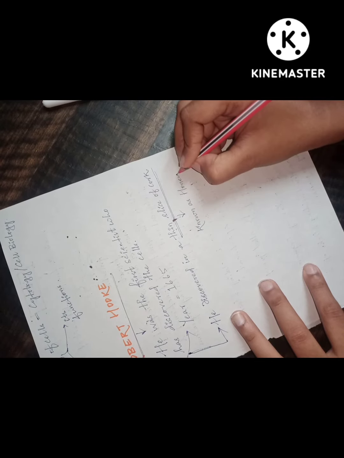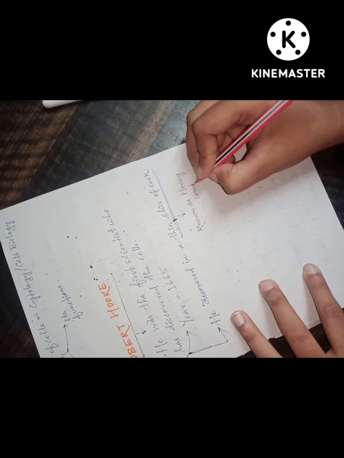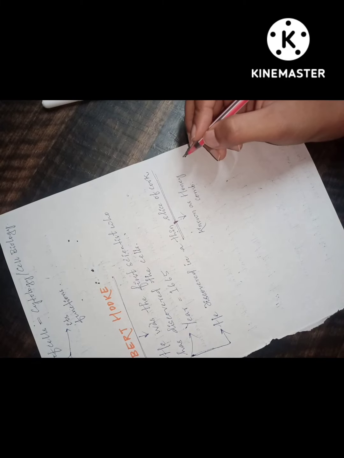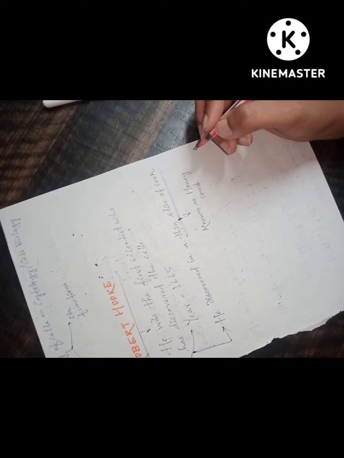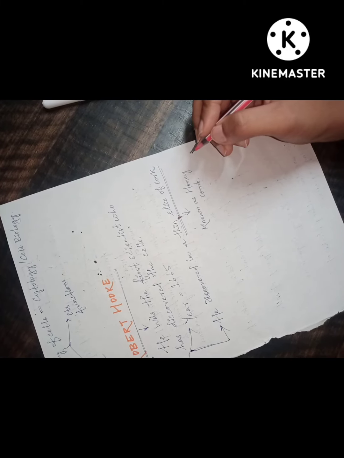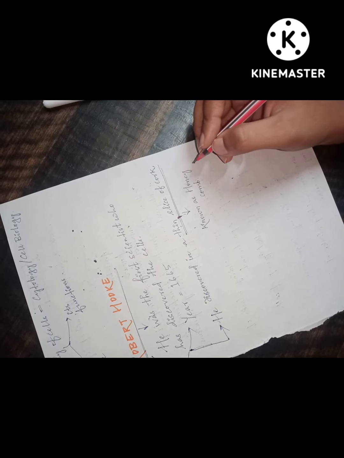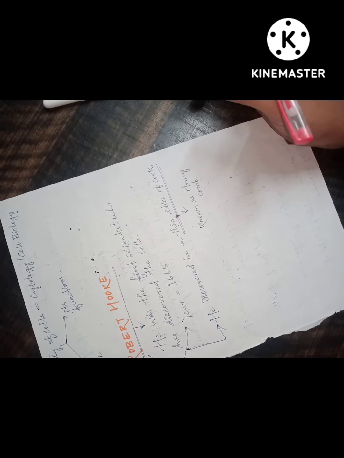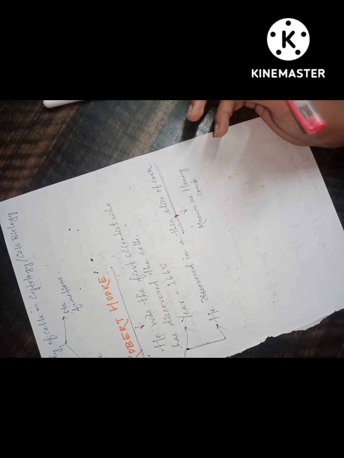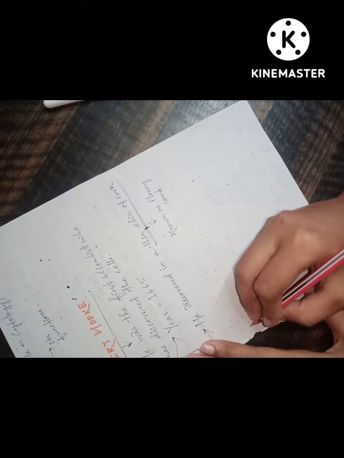From childhood we have been reading that Robert Hooke was the first scientist who discovered the cells in the year 1665, in a thin slice of cork, and that thin slice of cork is known as honeycomb.